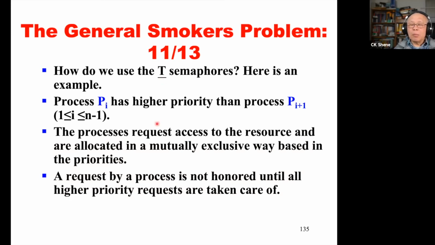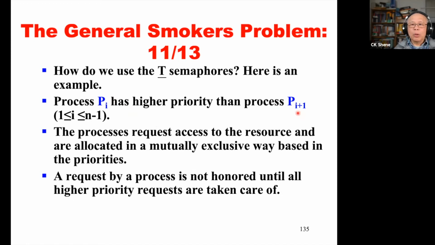This example is not only simple, but important in operating system, and probably also important in your career. If in your career you have to write a program to allocate resources, so let's say we have a set of processes, Pi. Pi has higher priority than its next one, Pi plus 1.